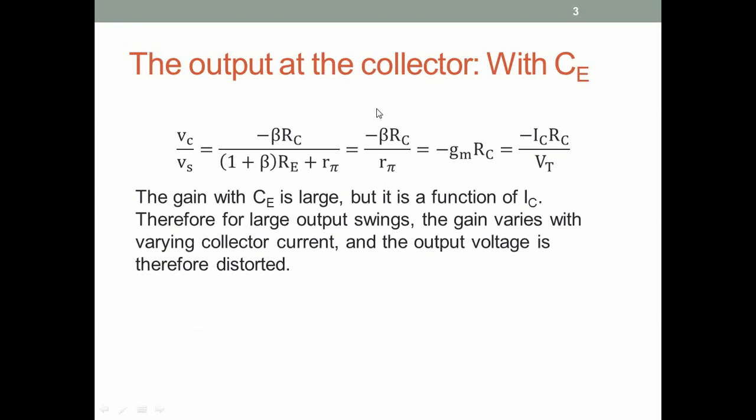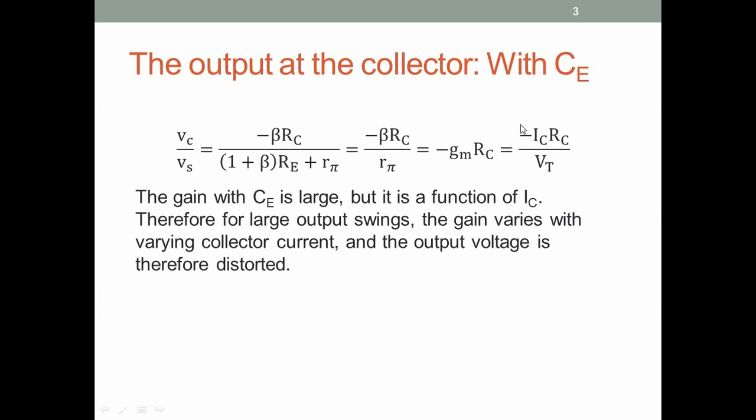So the gain at the collector of this circuit with the bypass capacitor, the common emitter amplifier, as we've seen before, is minus gm RC, and can also be written as minus IC RC by VT. I've said this before, but it is important, so I'm emphasizing it again: the gain with CE is large, but it is a function of IC.